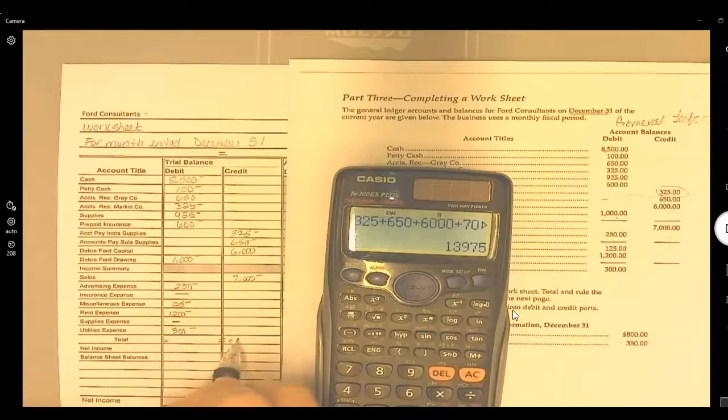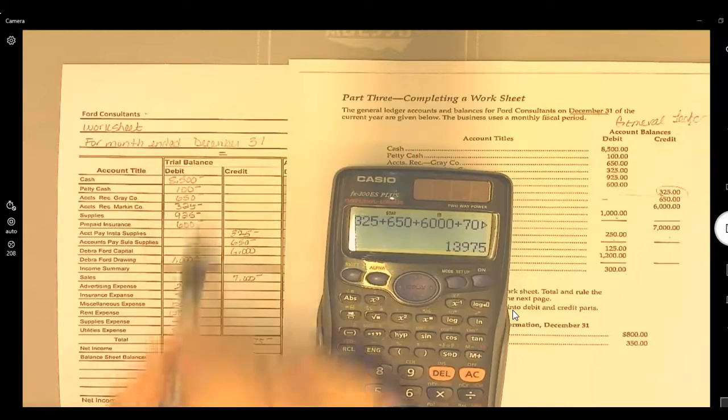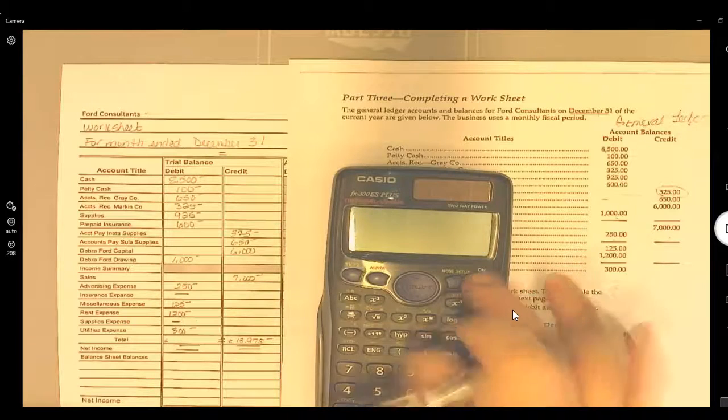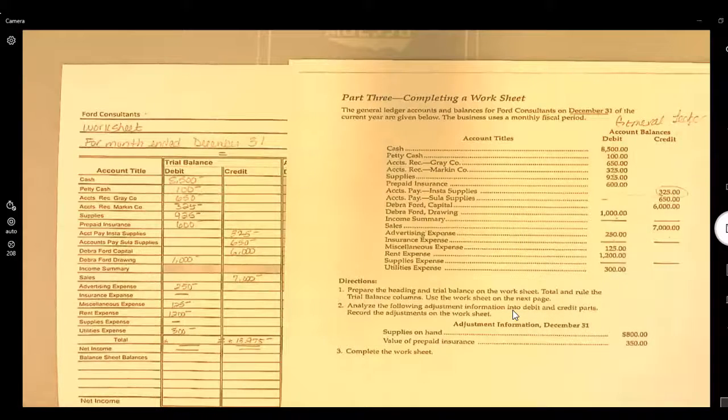We came up with $13,975. Now, I want you to add up the debits and see if you come up with $13,975. If you do, underneath it, I want you to put 2 lines, which is a double rule, which shows that they balance. All right, if you have any questions, message me.